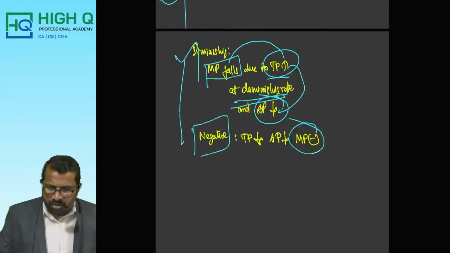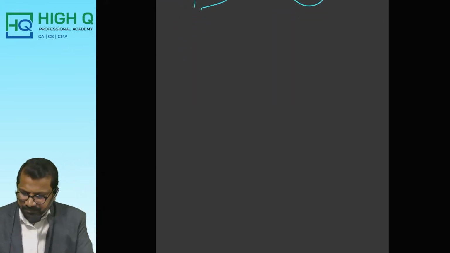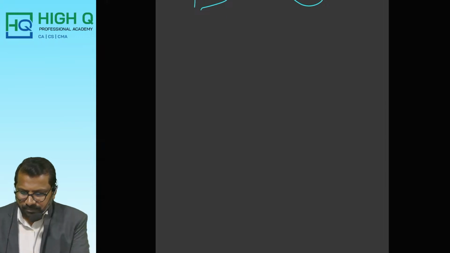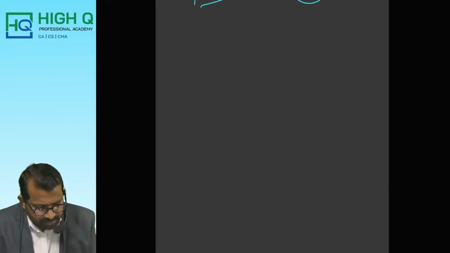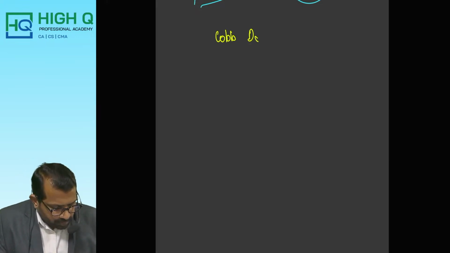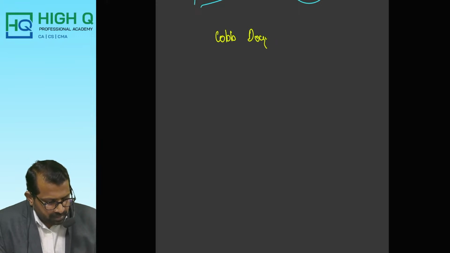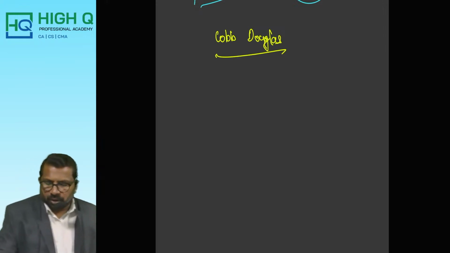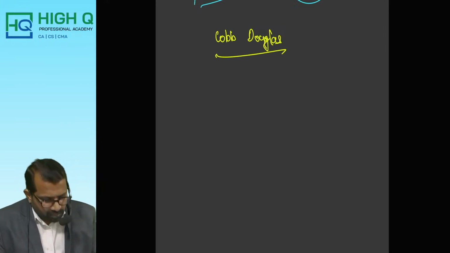And another important production function is the Cobb-Douglas production function. What is the formula for this?